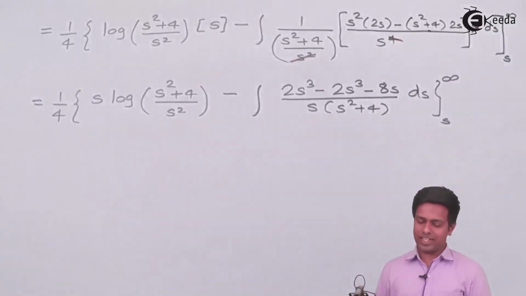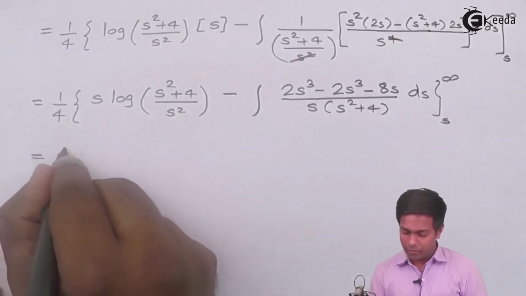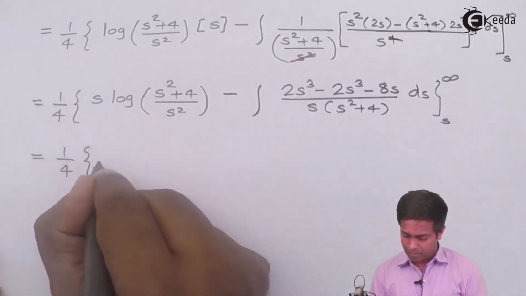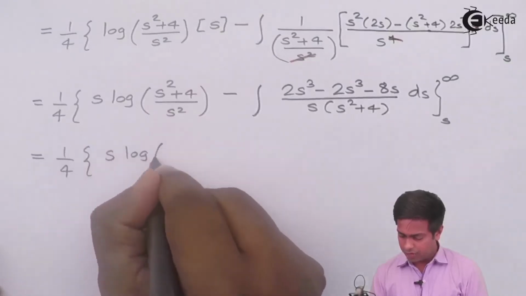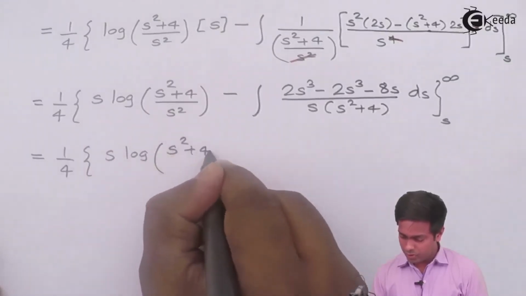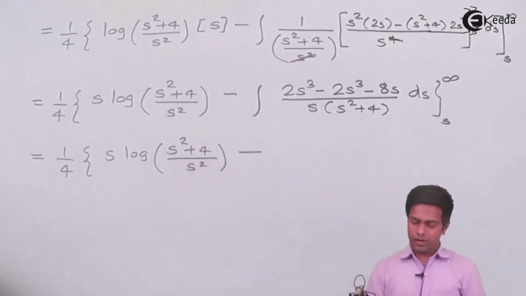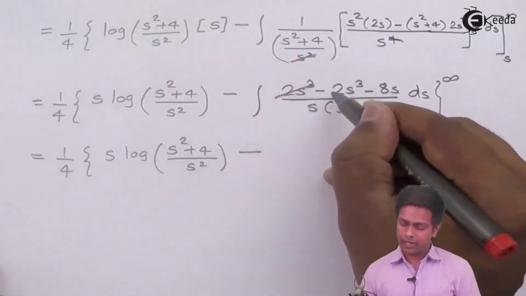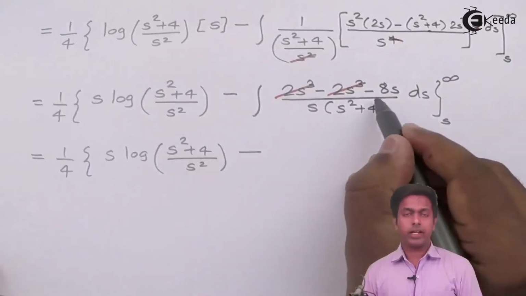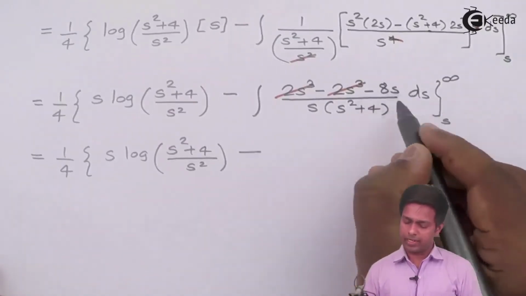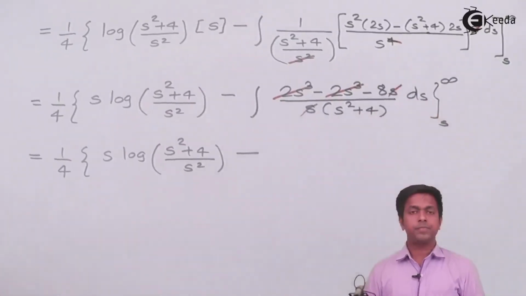Now let's simplify this, guys. So this will become 1 by 4, s log of (s square plus 4) upon s square minus, now here we can cancel this 2s cube and negative 2s cube, then we'll get negative 8s, so I can cancel this s with s.